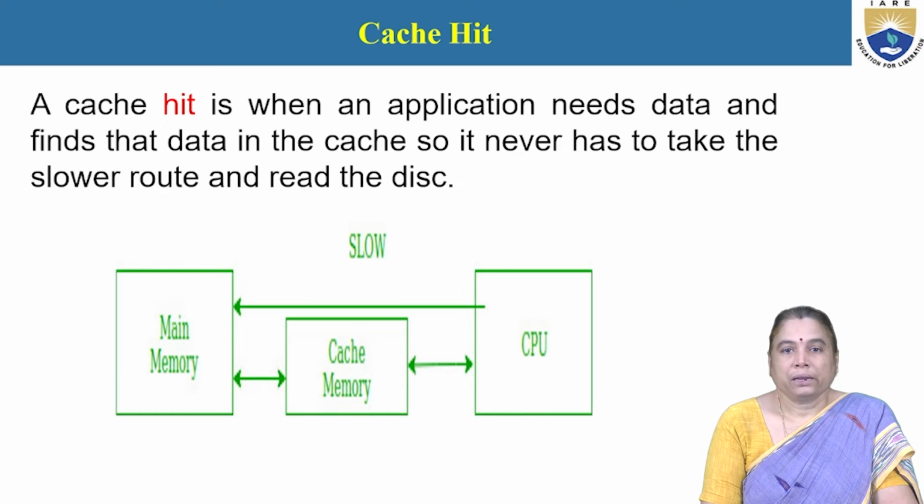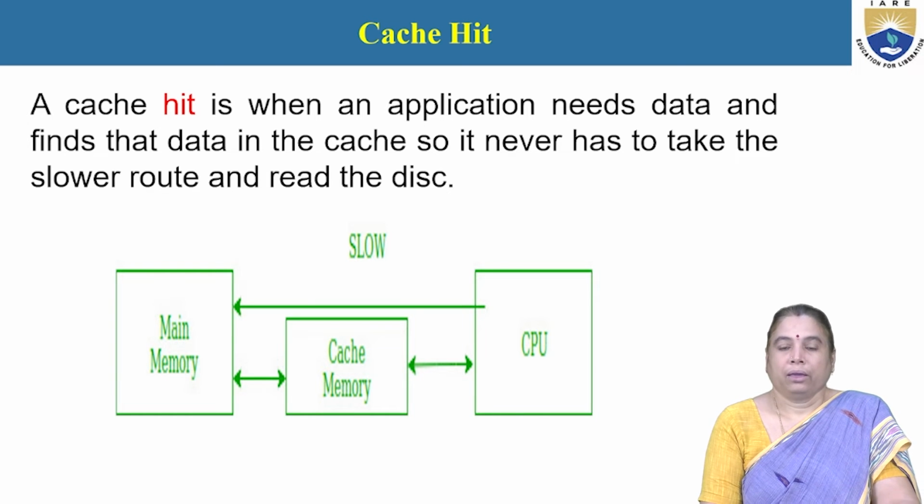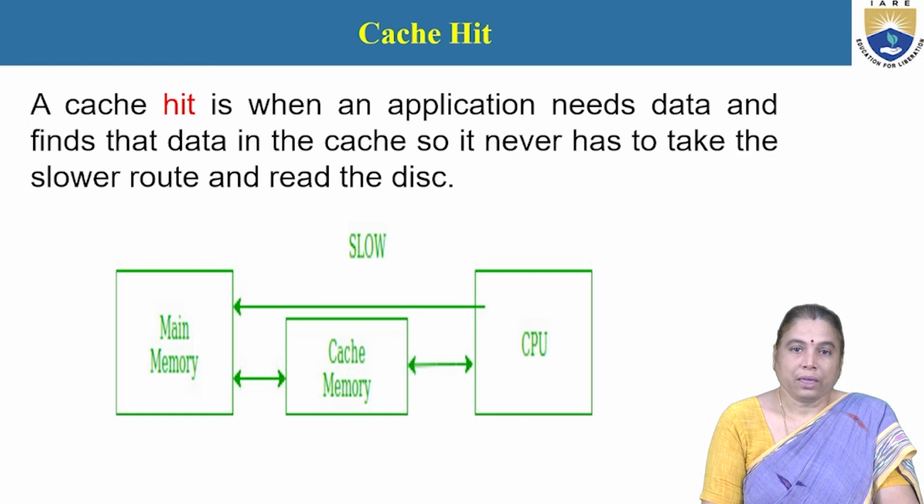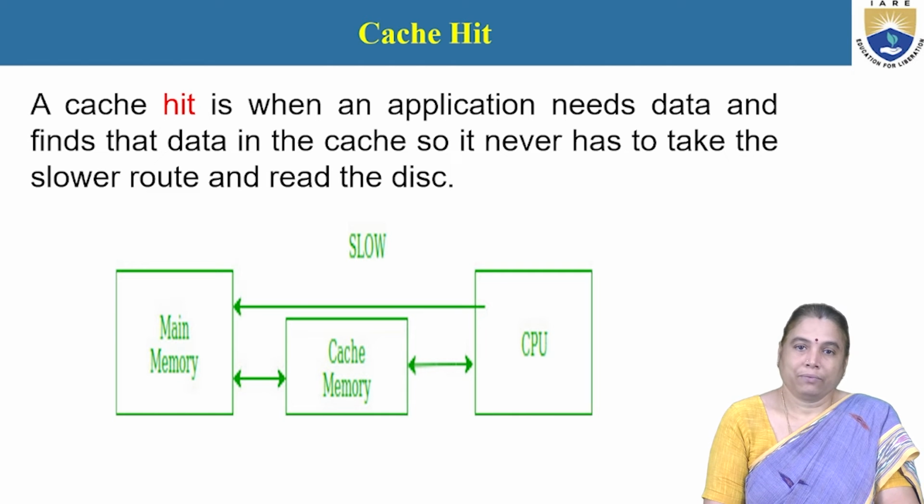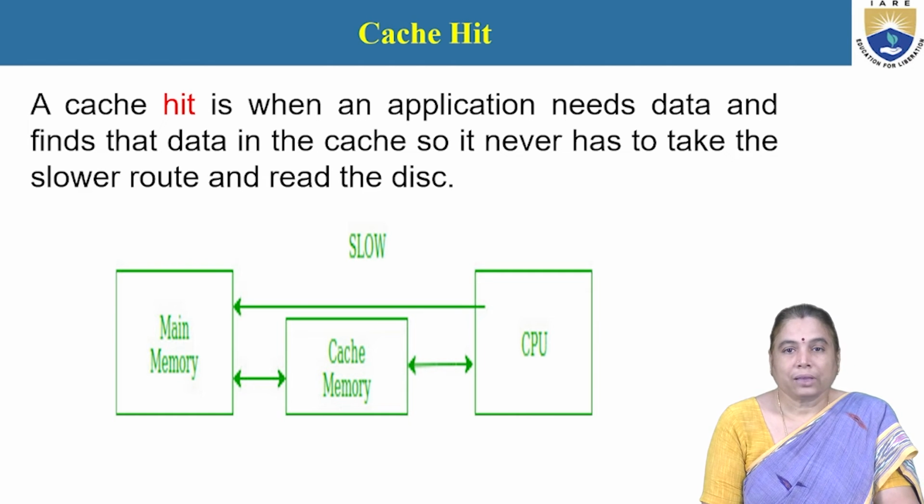Next, two operations are generally performed on the cache. One is hit, the second one is miss. What is a cache hit? A cache hit is when an application needs data and finds that data in the cache, so it never has to take the slower route and read the disk.